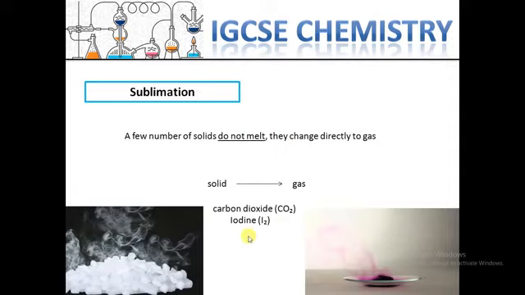Also iodine, sorry, iodine is a formation of gas, but can be changed to the solid form. But after we get the solid form, they need to be only exposed to a little bit like room temperature.